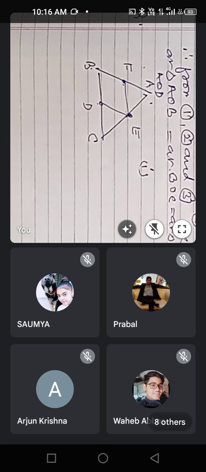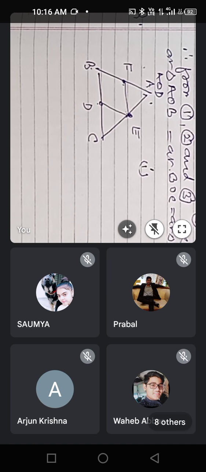Therefore, EF is parallel to BC, and EF is equal to BC by 2.